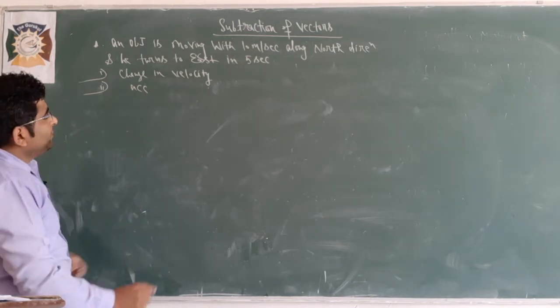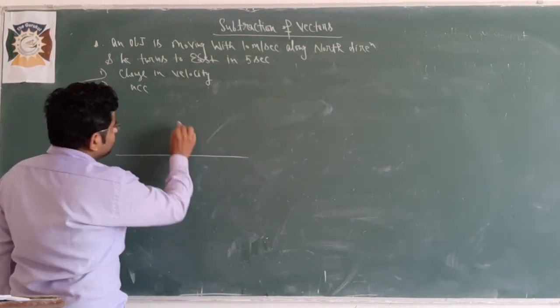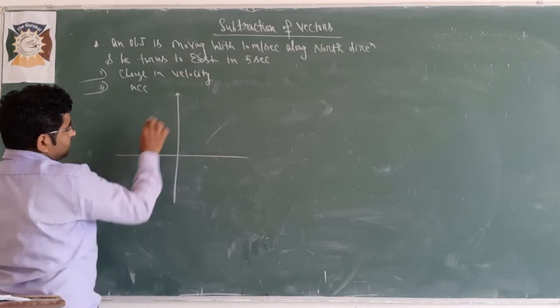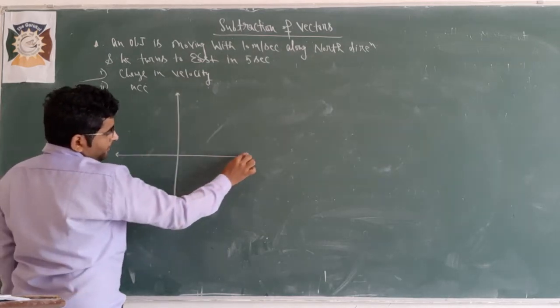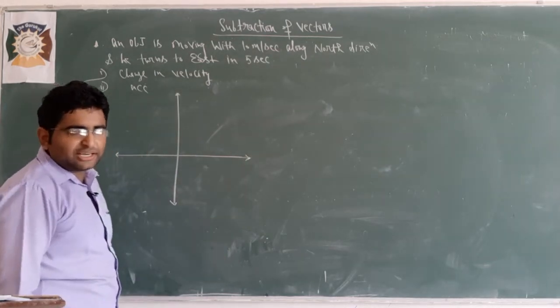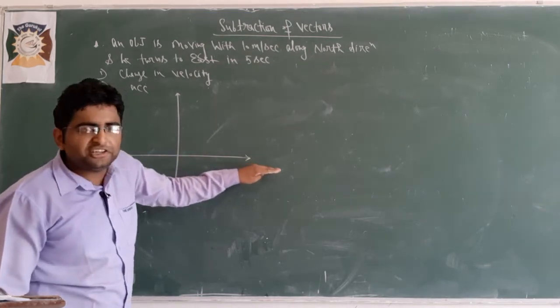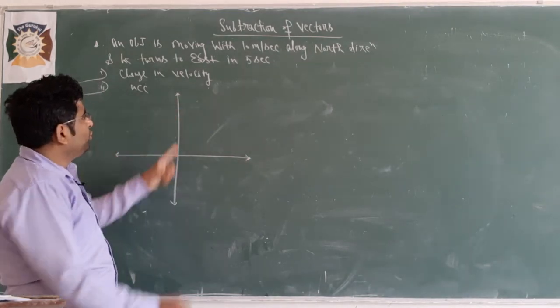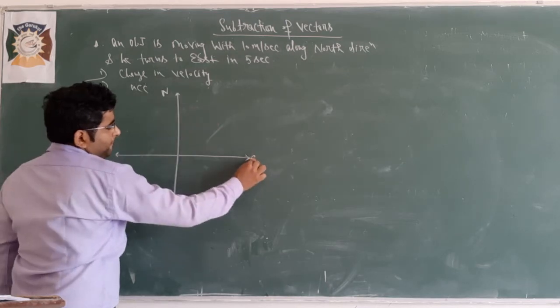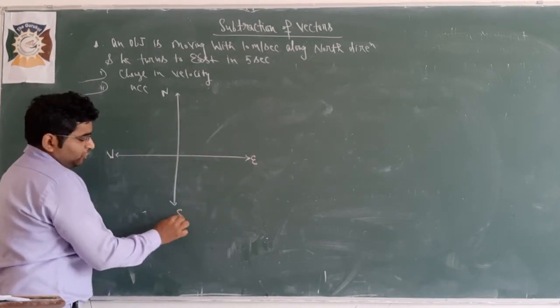Clear? So beta, this is a coordinate axis. You know very well that in the conventions you take it as east, west, north, south. Clear?